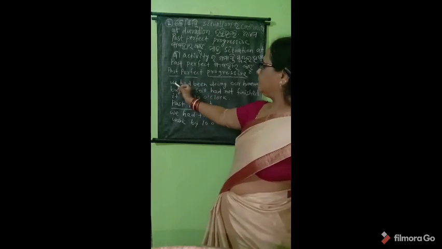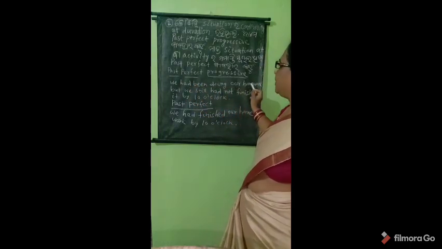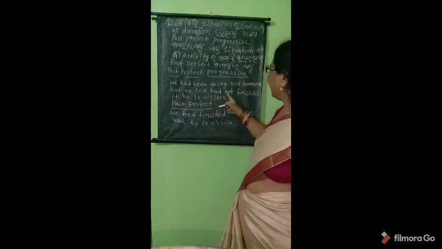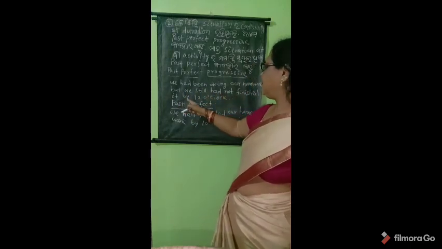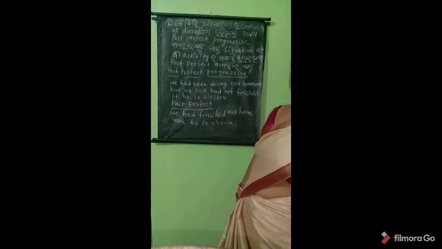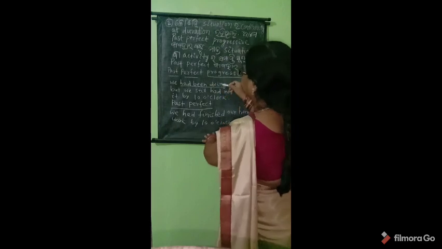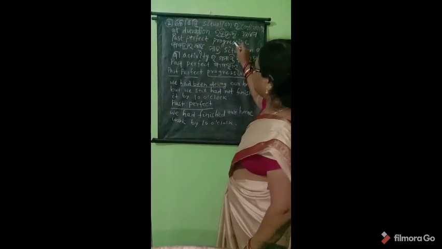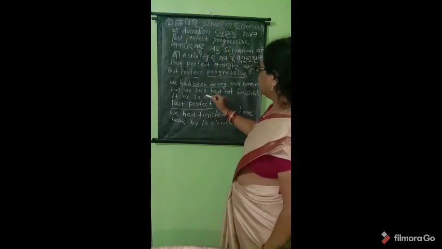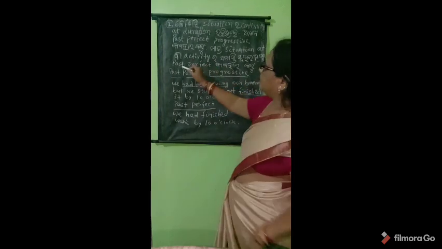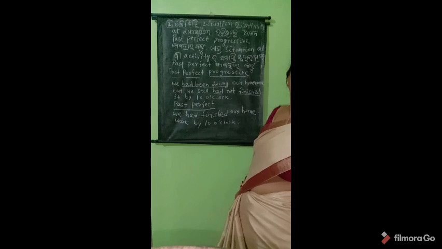For example, we had been doing our homework, but we still had not finished it by 10 o'clock. There are two sentences. Had been doing: this is the past perfect progressive. We had finished: this is the past perfect.